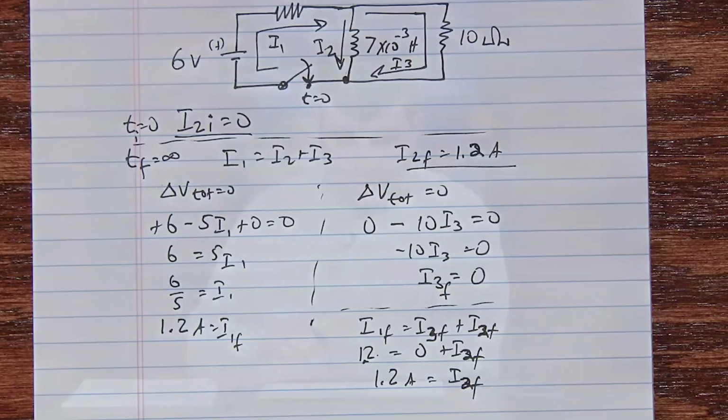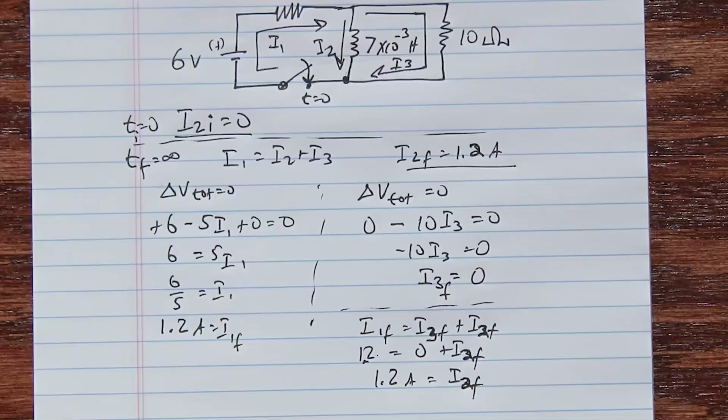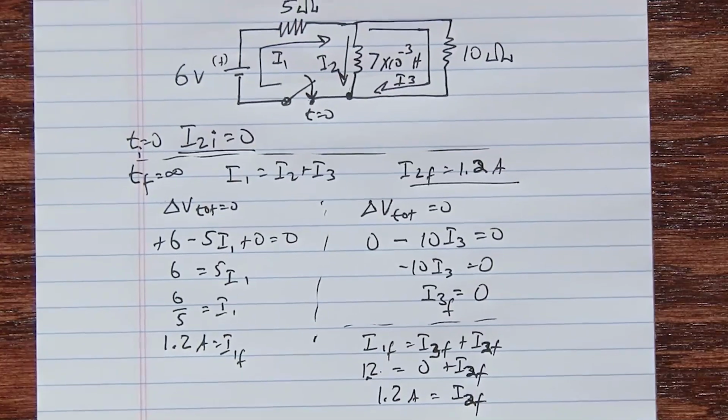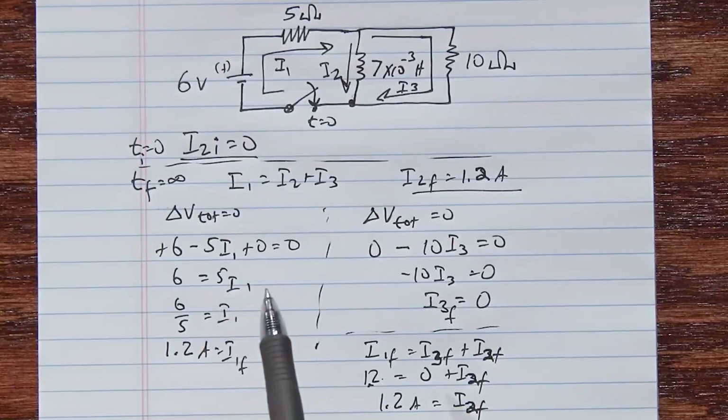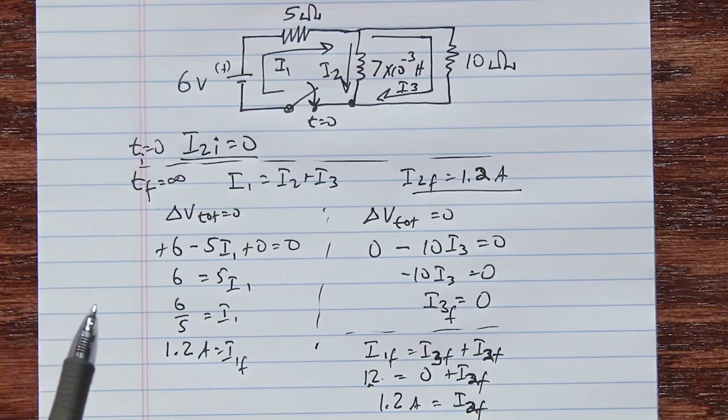The other questions we were asked are, what are the voltages across the 5 ohm resistor and the 10 ohm resistor? To know that, we need to know the current through the 5 ohm resistor and the 10 ohm resistor initially.